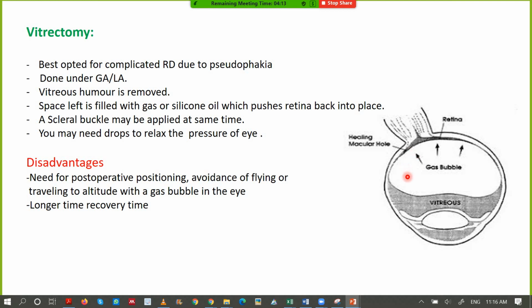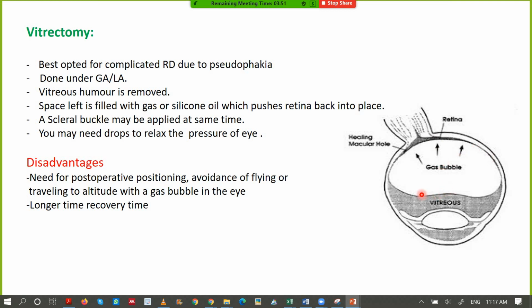When we put the gas bubble or silicone oil, that will start pushing the retina and make sure there is an attachment.